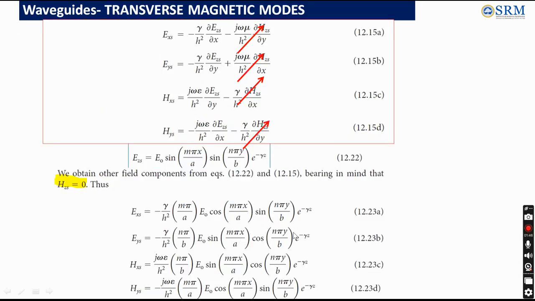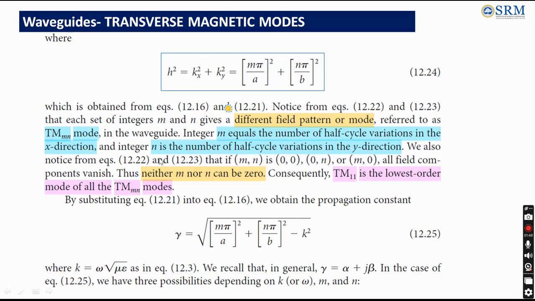So if we give different values for these integers, we get different field patterns or modes. That is called the TM mn mode. Here the integer m represents the number of half cycle variations in the x direction, and n represents the number of half cycle variations in the y direction.